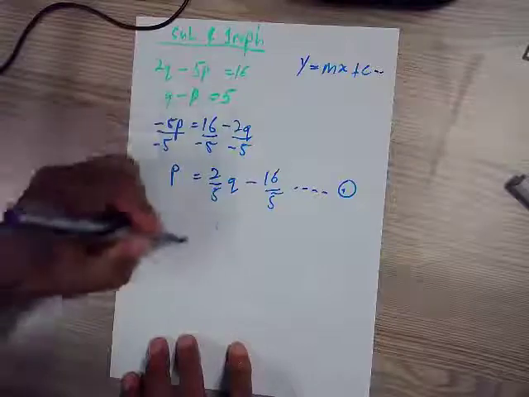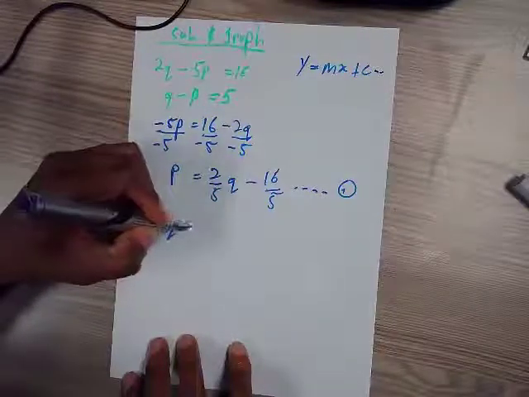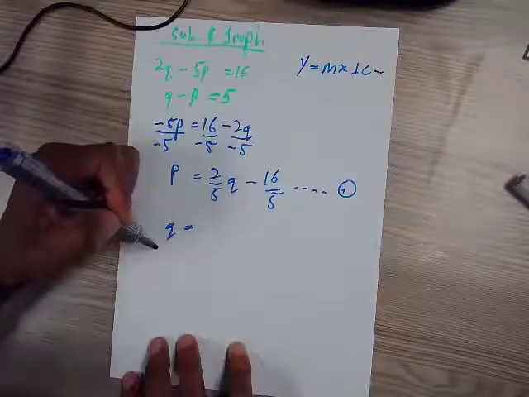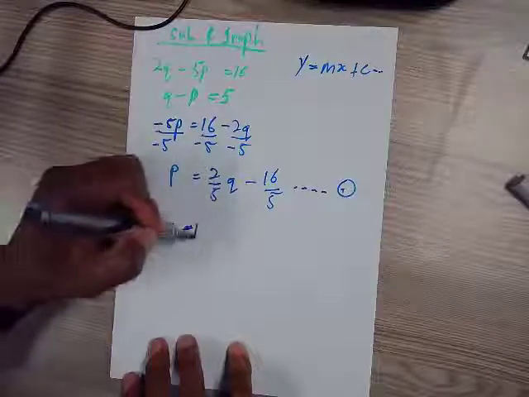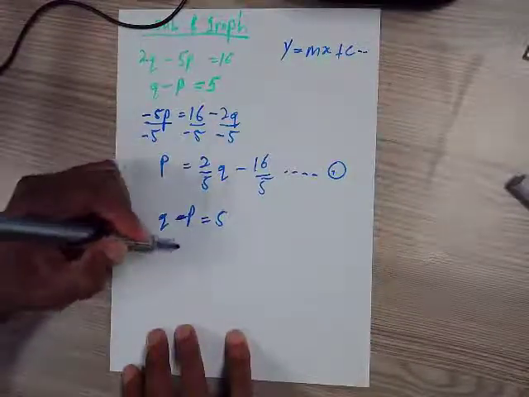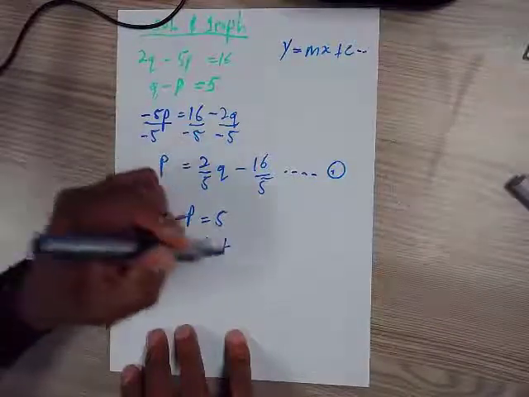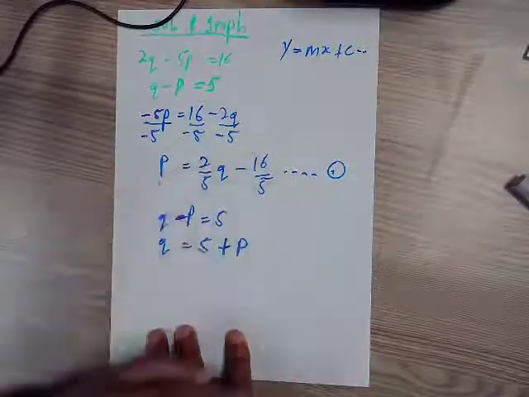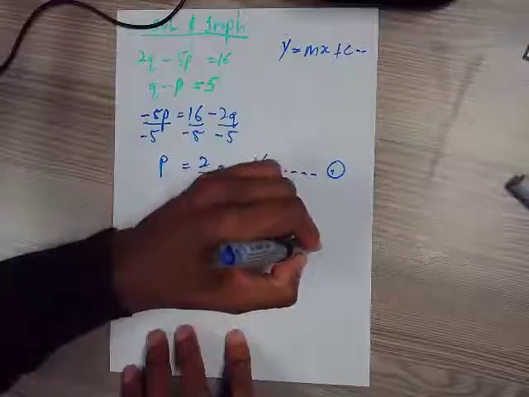Equation 2, you will look for q. Q equals 5 plus p, right? So now that's your equation 2.